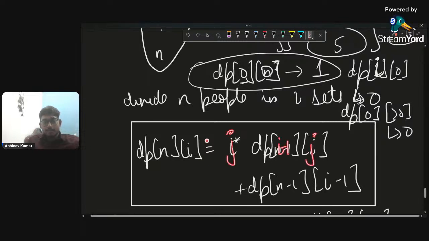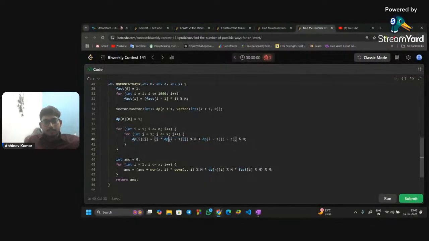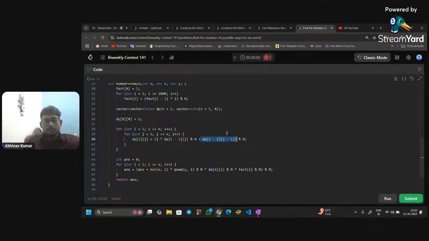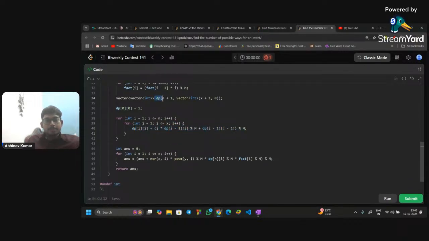So you can see j times dp[i-1][j] modulo m. Whenever you are doing any multiplication, just do a modulo m, because you have to print the final answer mod m. Plus dp[i-1][j-1]. Okay, so I have written this transition, and I have done a mod m everywhere whenever I do plus or multiplication. This way I have pre-computed my dp.